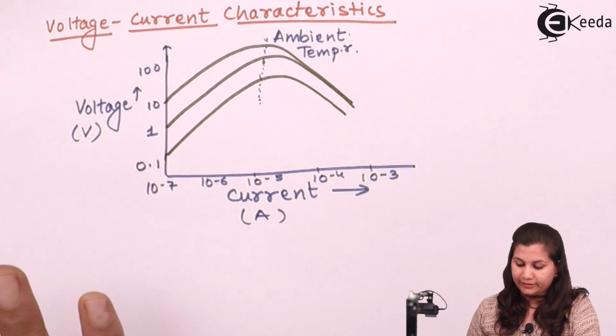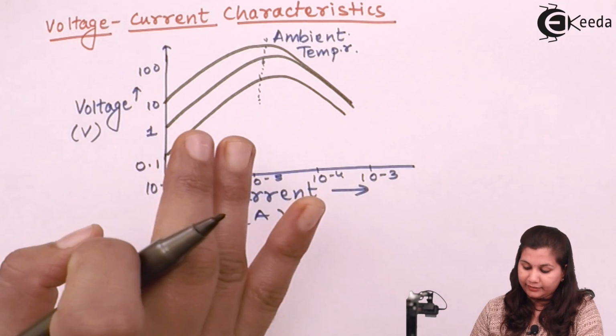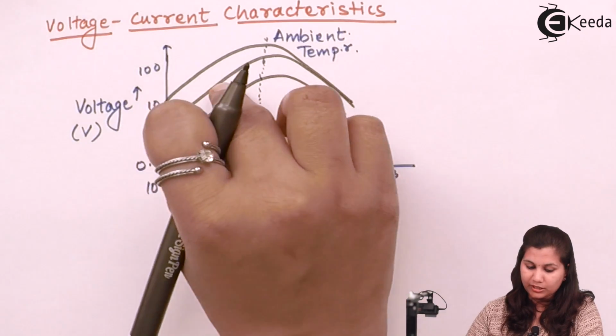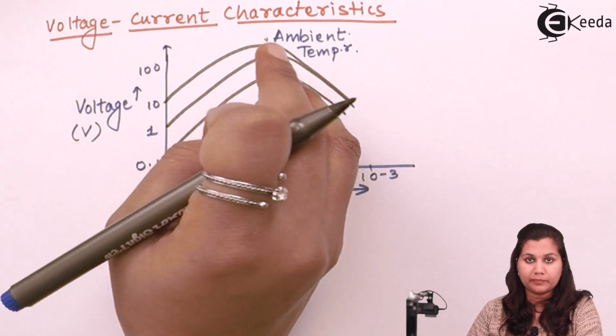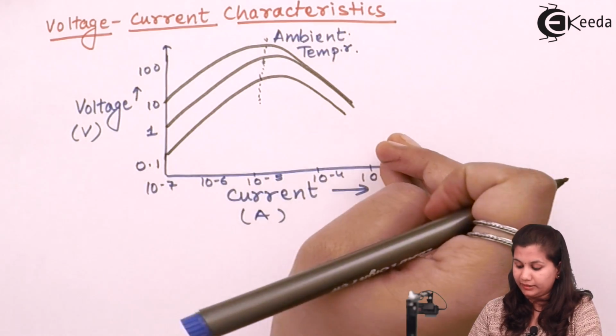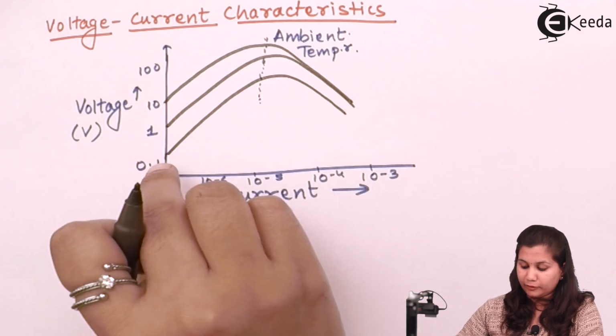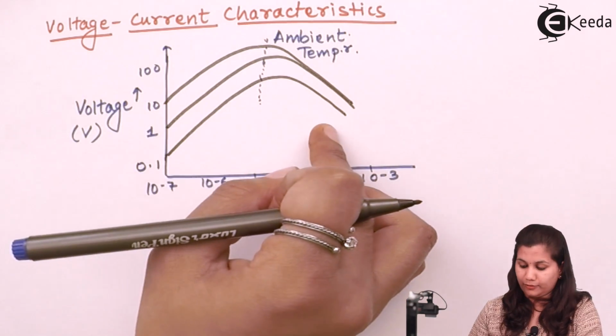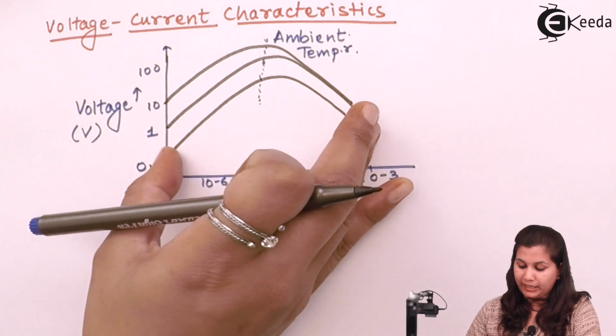When we see the characteristics between the voltage and the current of the thermistor, we see that the voltage drops across the thermistor with the increase in the current. As the current increases, the voltage first increases, after that it starts decreasing. So what is the reason behind this?